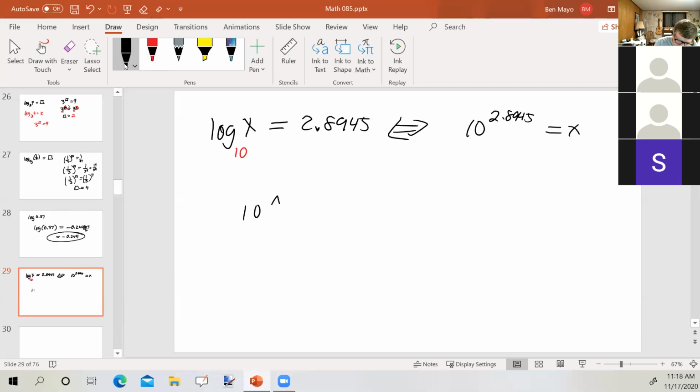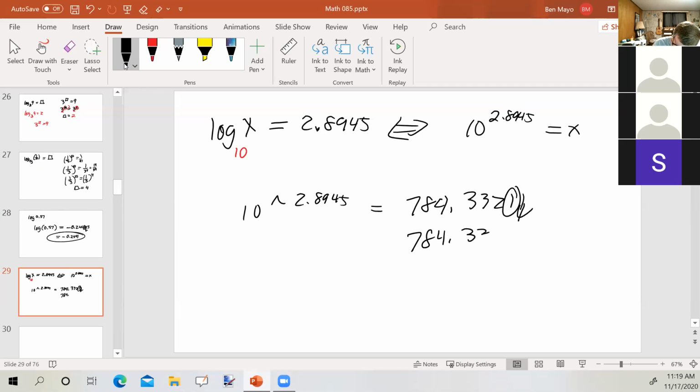I can punch in 10, the little caret key, and then 2.8945 equals, okay, 10 to the 2.8945 power. And I get 784.33211, again to the 4th decimal place, so that would round down to 784.3321.